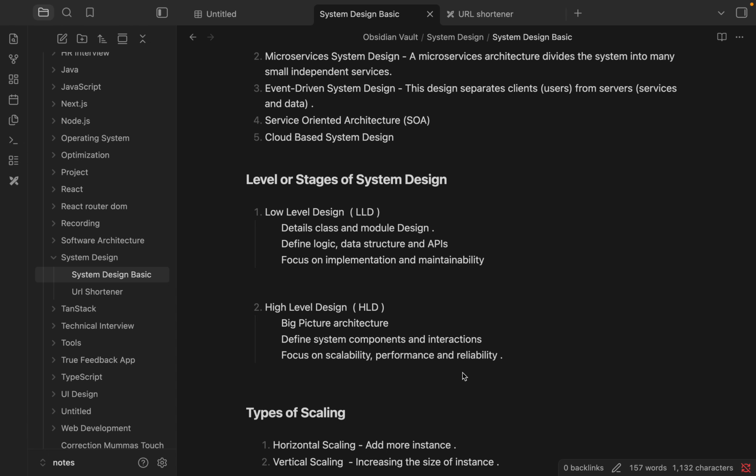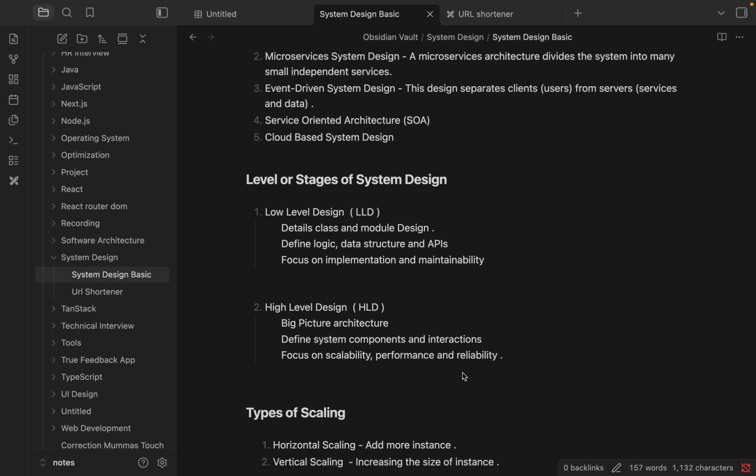Before understanding the other things, there are two levels of system design. The first one is low level design. In this design, we read about the module, class, logic, structure, and API.